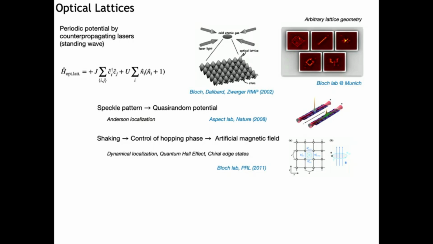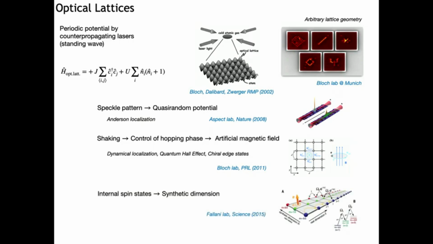So these are neutral particles. These are neutral cold atoms, so they don't really feel actual electromagnetic fields, except that with these tricks, you can engineer a synthetic magnetic field. And in this way, people managed to study phenomena like dynamical localization or quantum Hall effect or chiral edge states and this kind of physics.